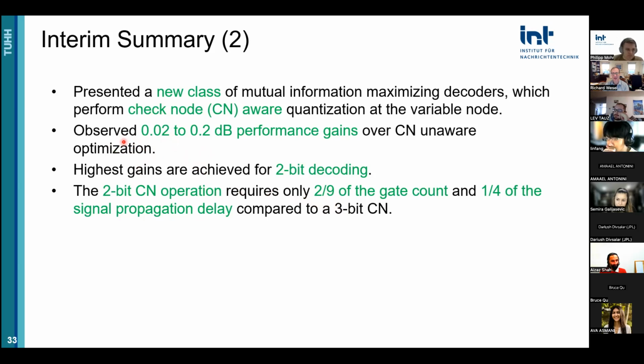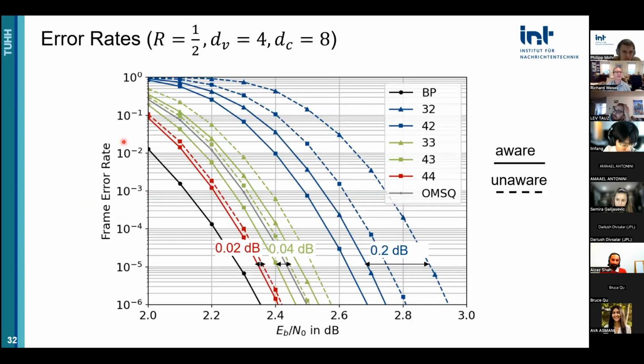You have shown some performance with the variable node degree 4. Have you compared that with degree 3 in terms of frame error rate, especially if you go below 10 to the minus 6, which you don't have, to see the difference using degree 4? Yeah.